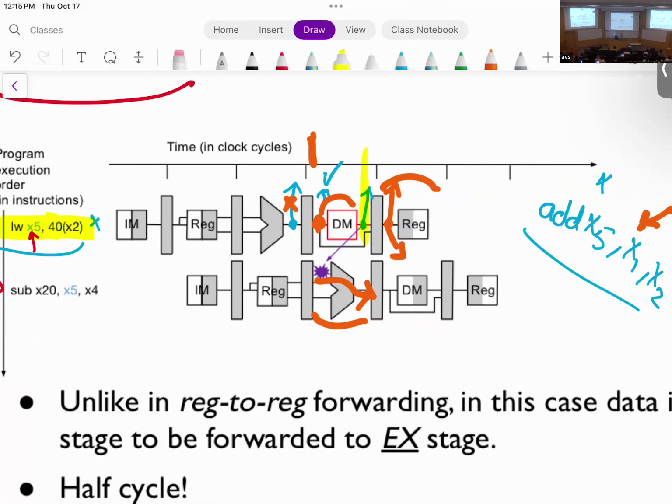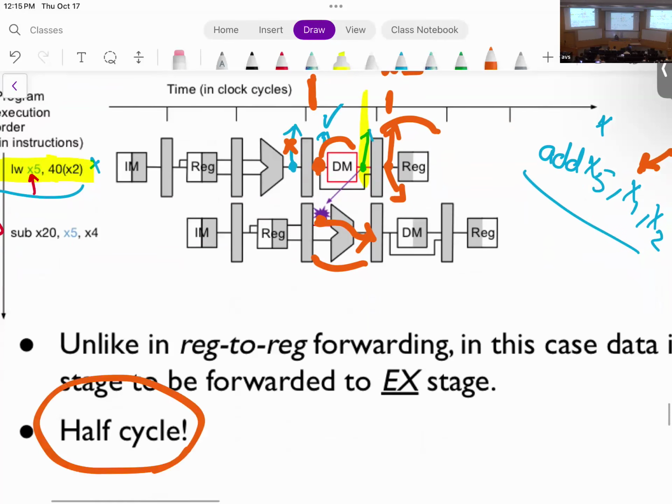So I can only do the forwarding at the beginning of the write back, and as you can see, the value is needed at the beginning of this stage. So we are kind of one cycle late. Okay? So how do we fix this? And again, remember that the half cycle will not fix this issue either, because half cycle was useful for reading and writing to the registers.